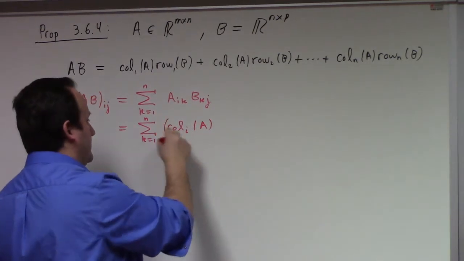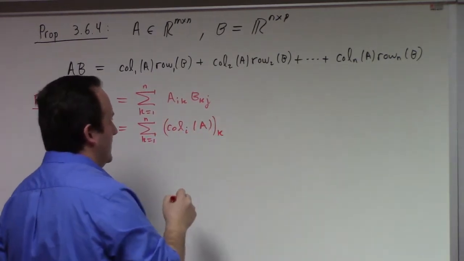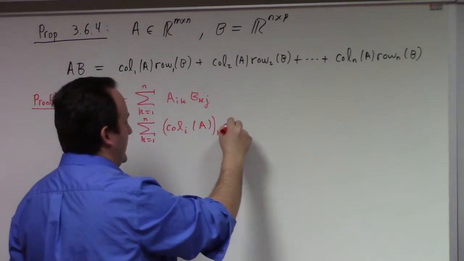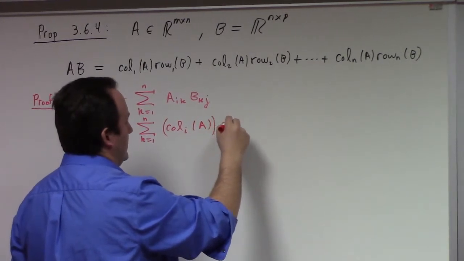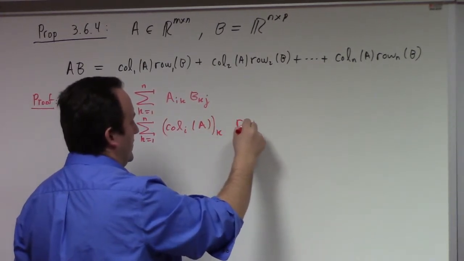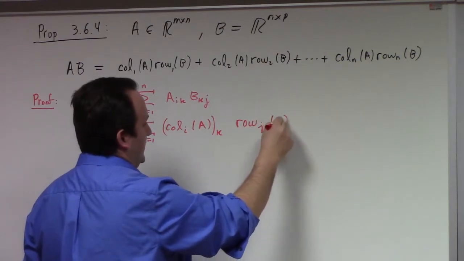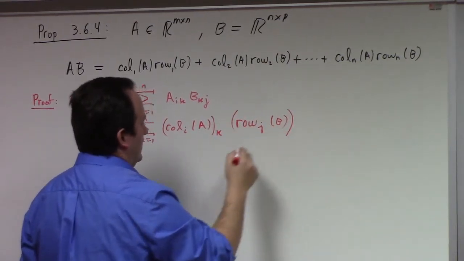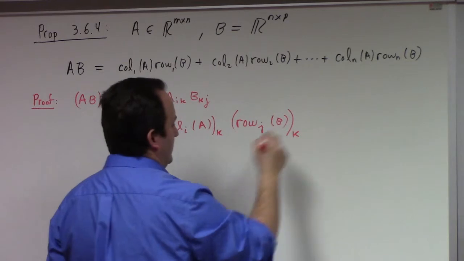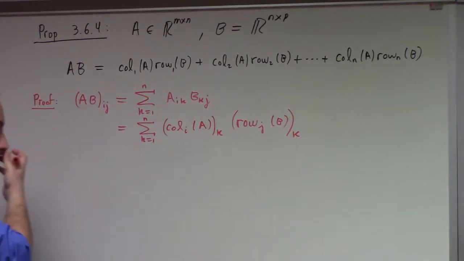And the kth component of that, and here we have the jth row of B, and that's the kth component of the jth row. I think in your notes you did switch to i and j.